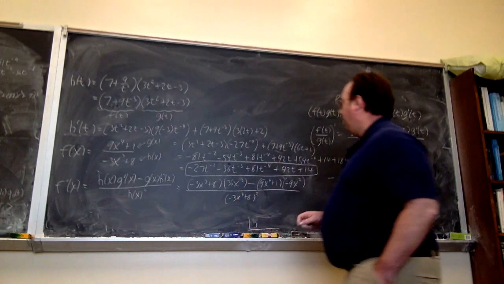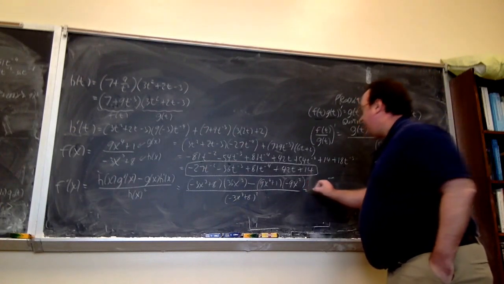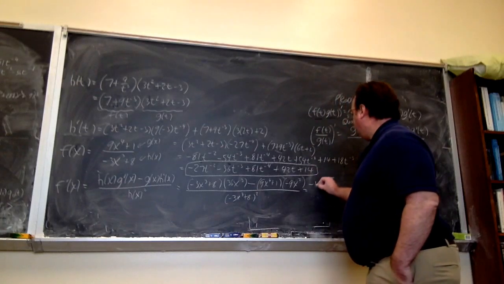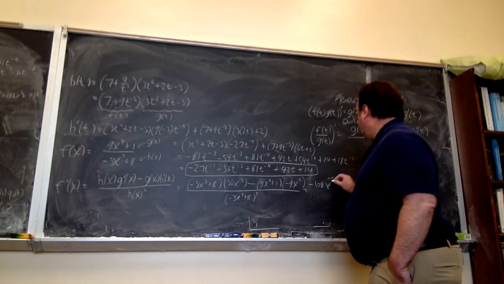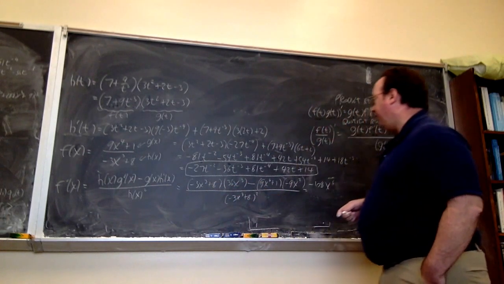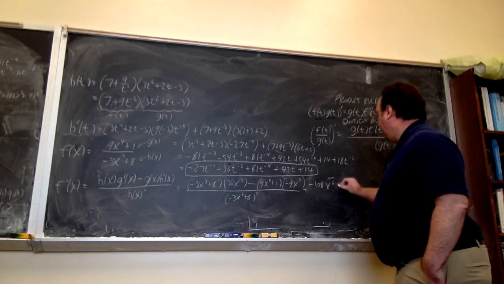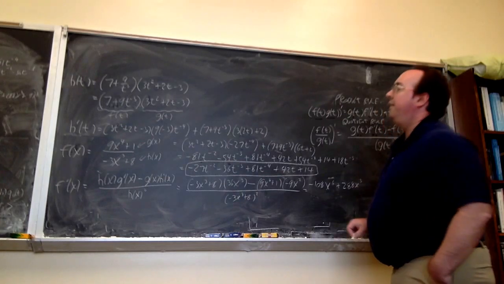So now, all that's left is to simplify this. So I have minus 3 times 36, so that's minus 108x to the 6, because we have x cubed and x cubed, you add the exponents. And then I have 8 times 36, so that's 288x cubed.